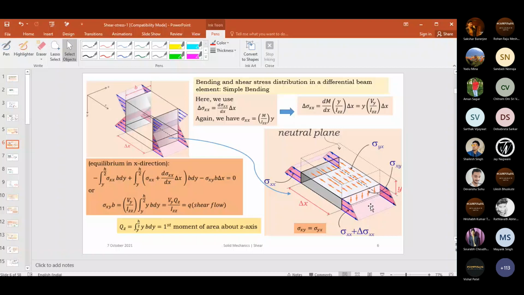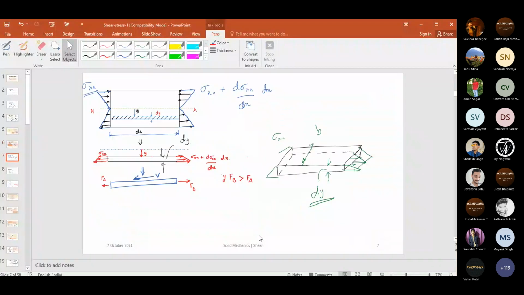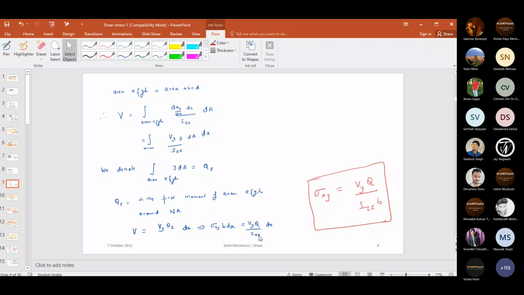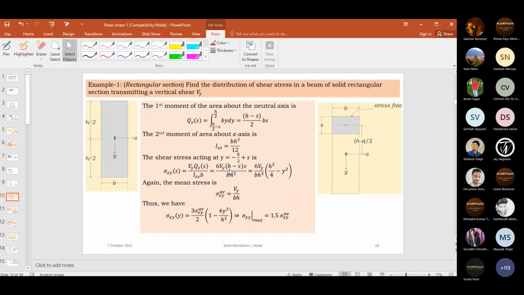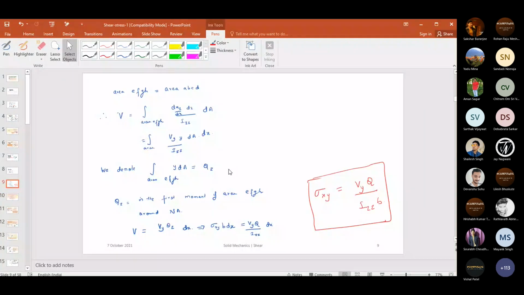Then here also we have considered, then we will consider the first moment of area about the z-axis. So all those things we have done, but I have done it in an elaborate way.